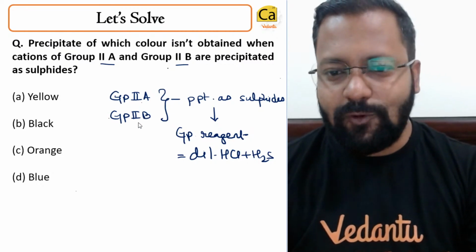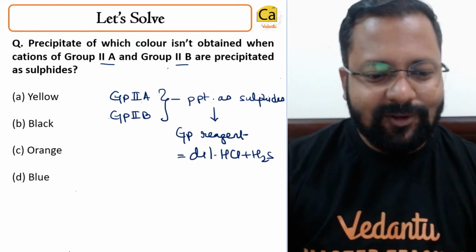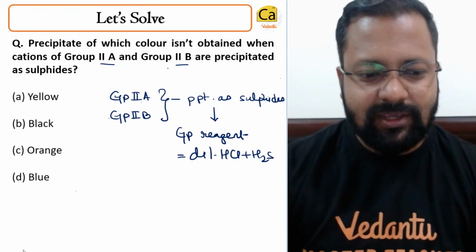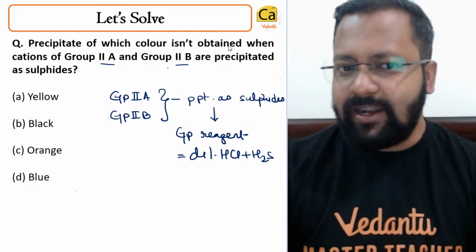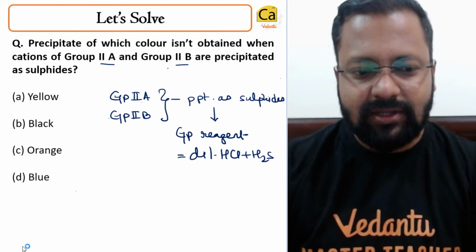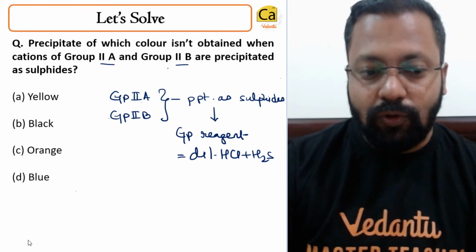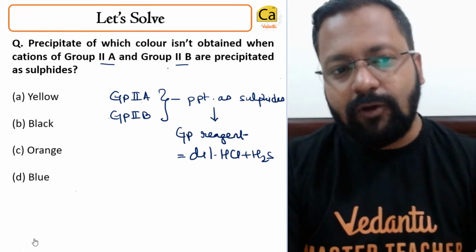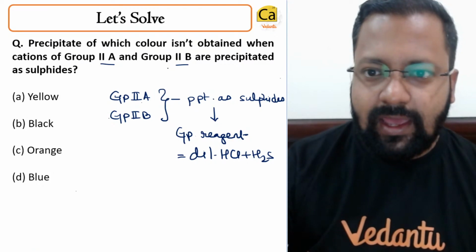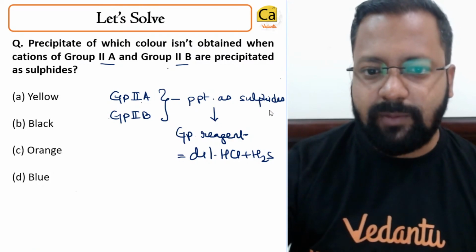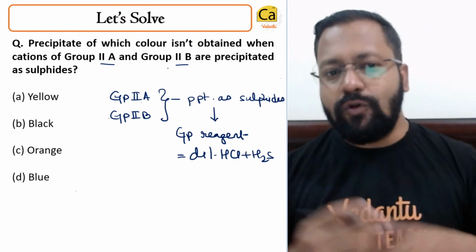I'm just giving you a minute's time. Please think and then answer. Think about what it should be, because the question is not very difficult, however it expects you to know. First tell me what the cations in group 2A are and what the cations present in group 2B are.